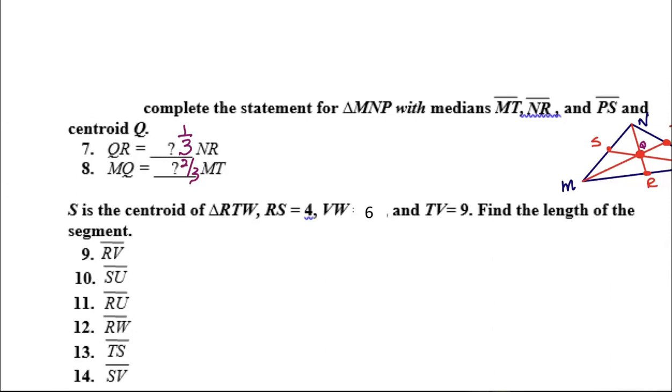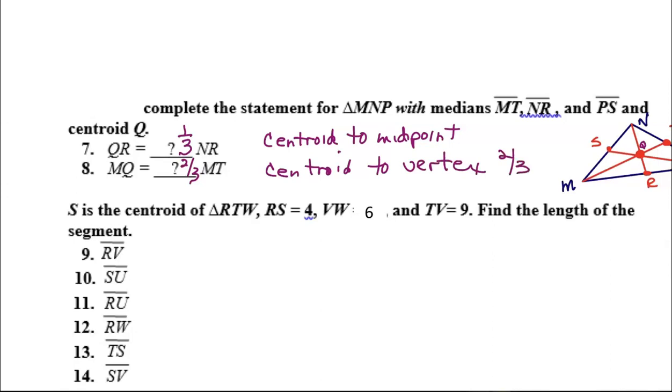That is because I'm going from the centroid to the midpoint. That's only 1/3. The next one, I'm going from the centroid to the vertex. Okay, so that's 2/3 of the length versus 1/3 of the length.